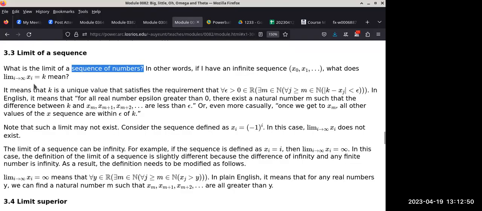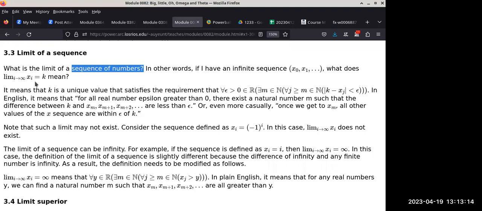So this statement is simply saying that no matter how small you make that epsilon, I will always be able to find that index M so that all the values at index M and past that will fall within the band of K plus or minus epsilon. Is that okay?